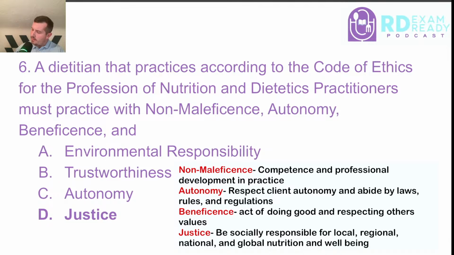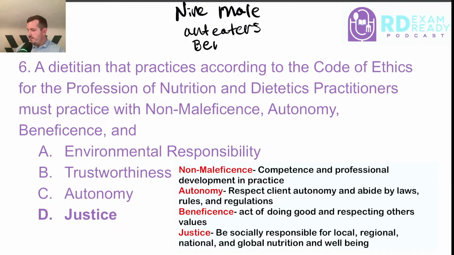Like, let's say nine male ant eaters benefit in July, right?